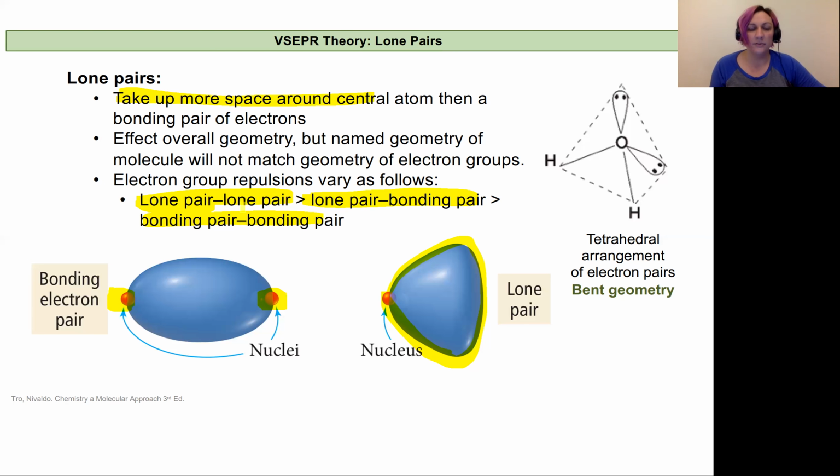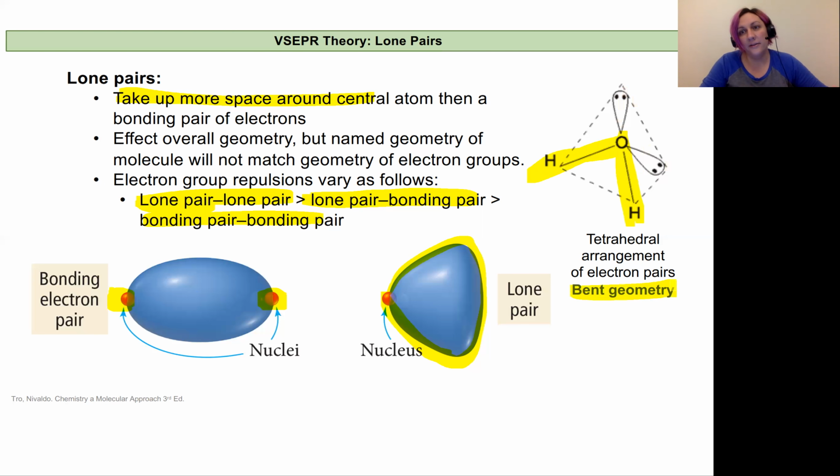An example of this was the water molecule we're looking at that had 4 electron groups. This oxygen here has 4 groups, 2 of them are lone pairs. So the only thing you would see if you were to study this molecule would be the nuclei of the hydrogen, oxygen, and hydrogen. And so the shape you would see here would be bent.